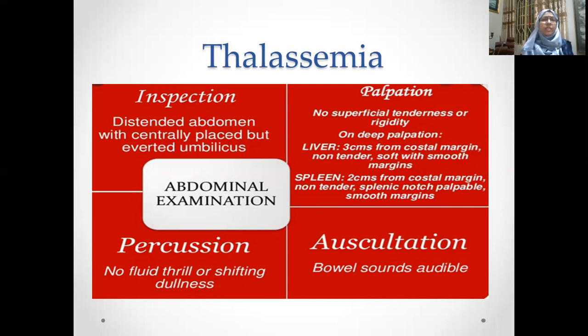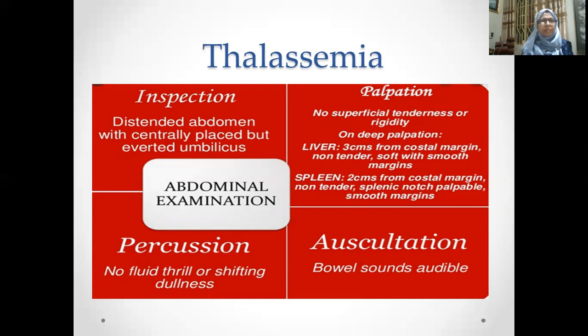During the depth of inspiration, you have to proceed upward and try to palpate the lower border of the liver. When you get the lower border of the liver, you have to measure the size of the liver, how much it is enlarged. It may be mildly, moderately, or severely enlarged.